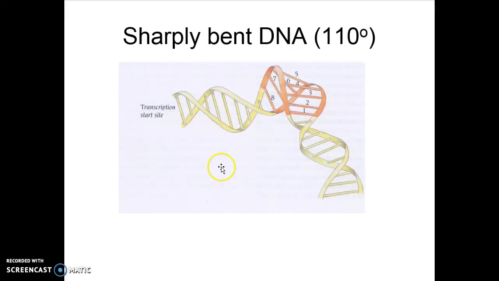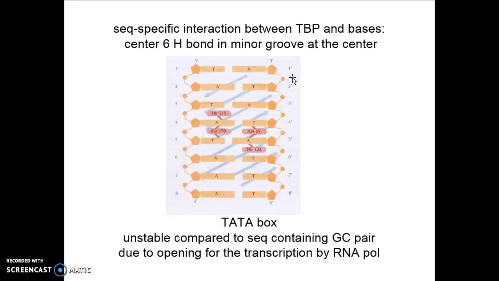We're going to look at some individual features. This 8-base TATA box was bent. You see a sharp turn. This TATA box is on top. Behind the TATA box you can see arrows representing the beta sheet of the TATA box binding protein.